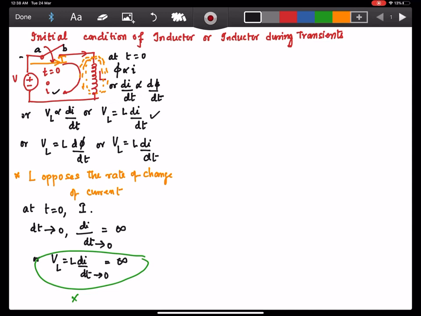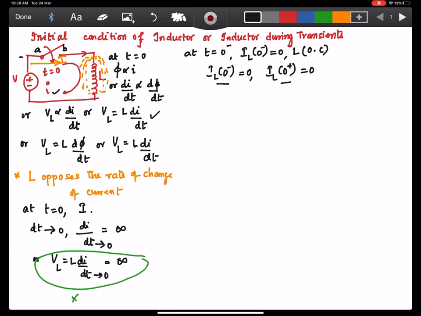However, at t is equal to 0 minus, we have a current IL 0 minus is equal to 0. That means your inductor is behaving as an open circuit. If IL 0 minus is equal to 0, then IL 0 plus is also equal to 0. This is the condition just before the switching, and this is the condition just after the switching.